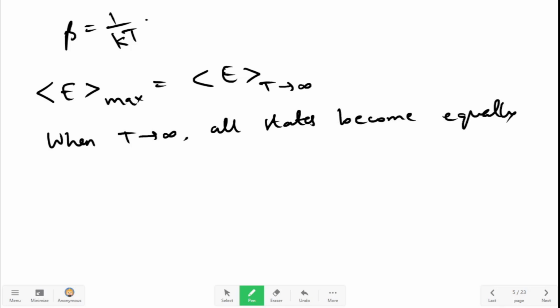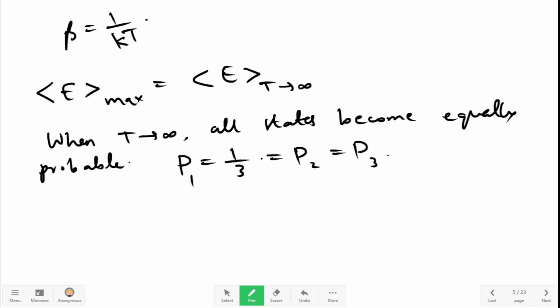Now there are three states, therefore the probability of occupying any state will be equal to 1 by 3. The probability of occupying the first state is 1 by 3, which is equal to the probability of occupying the second state, which is equal to the probability of occupying the third state, because when T is tending to infinity, all states become equally probable.